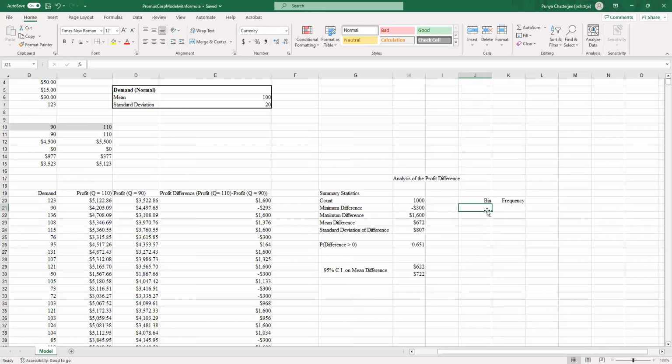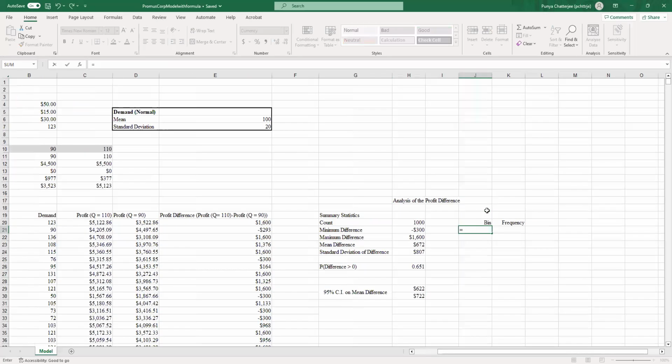To create the histogram, we're going to first start working on our bins and then the frequency. To start your bin, you are going to start with the minimum difference. If I'm not giving you a bin width, that means you're free to choose, but just be smart about choosing it.